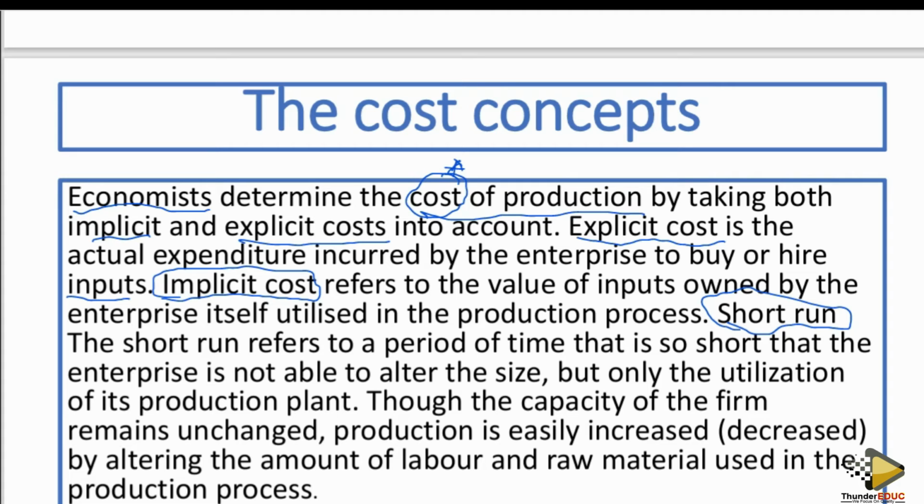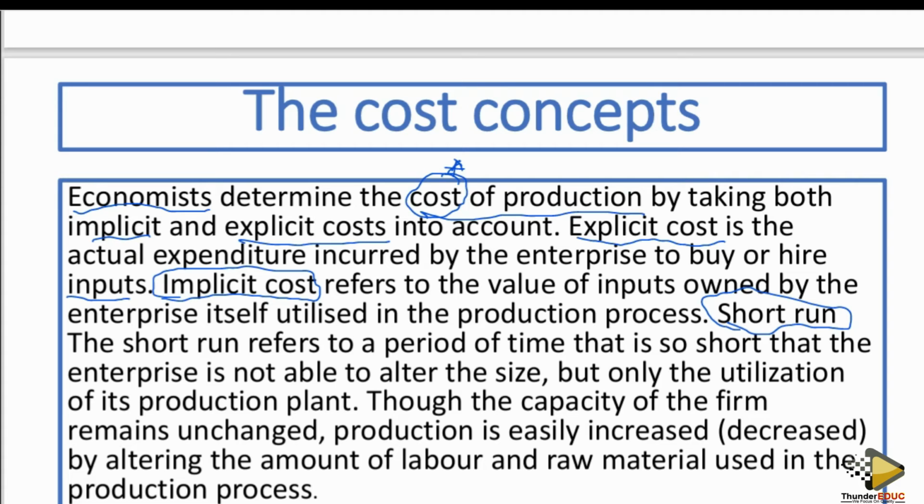Also, when you explain the short run and long run, grade 12, always take into account the use of vectors of production. Vectors of production are the engine of economics, because the moment you engage in any form of explanation or illustration without using vectors of production, you are going to be lost.